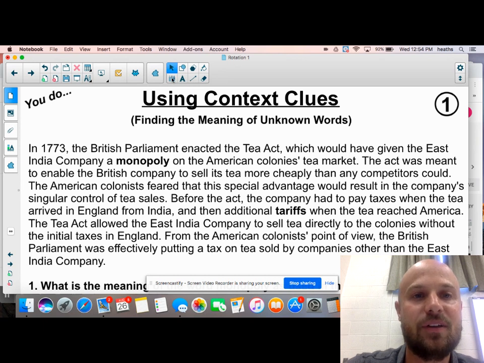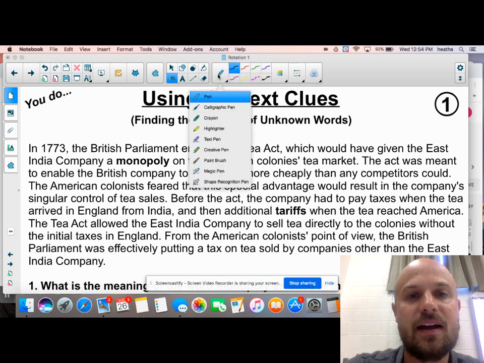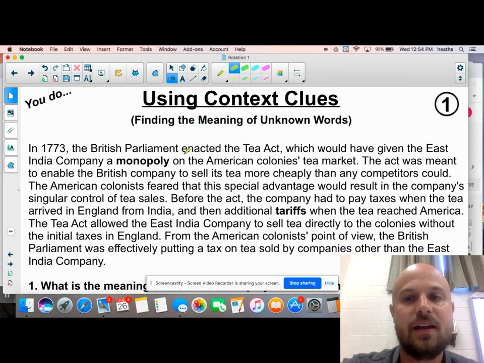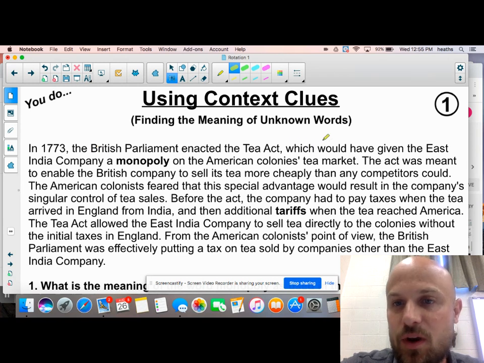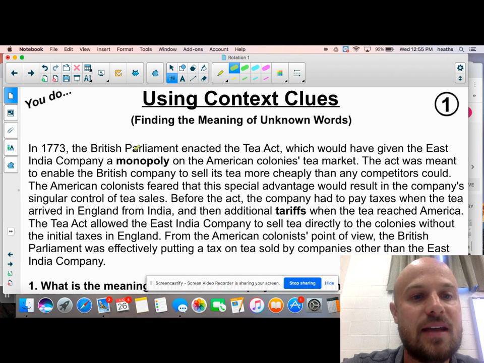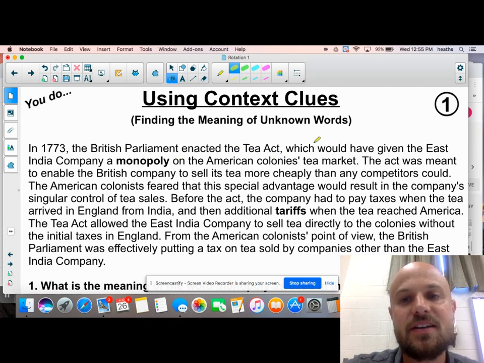So, for monopoly, I'm going to get my highlighter out here. Let's read. Which would have given the East India Company a monopoly on the American colony's tea market. The act was meant to enable the British company to sell its tea more cheaply than any competitors could. The American colonists feared that this special advantage would result in, and here it is, the company's singular control of tea sales.